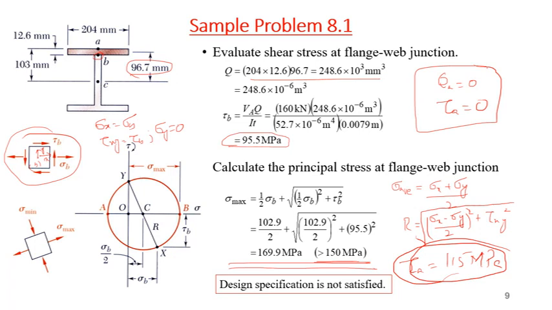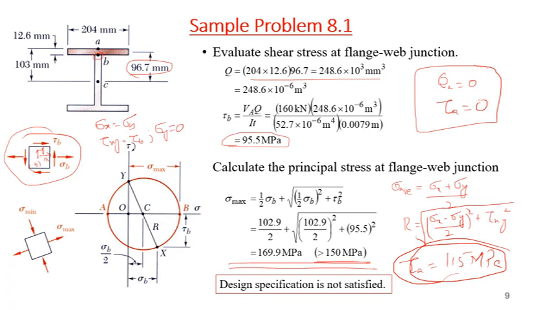Okay, now if you're analyzing the beam structure, for designing purposes you have to consider where you have maximum principal stresses, and the maximum shear stress will also be over there. If you're talking about a ductile material, in that case you are interested in the maximum shear stress.